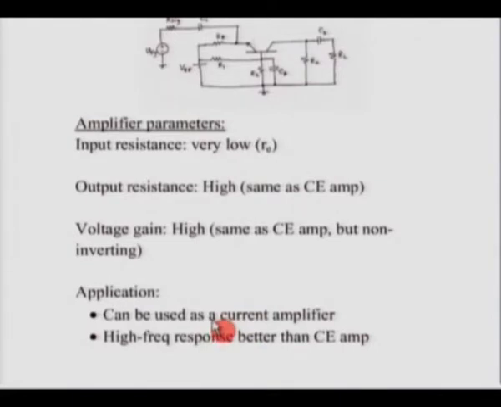If you remember, towards the beginning of today's lecture, I said that a current amplifier should have low input resistance. So you could think of the common base amplifier as a current amplifier. Another interesting application is its high frequency response. It has a very good high frequency response. We will see some of this later in another lecture.